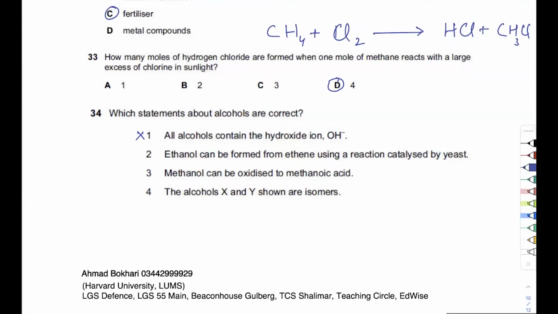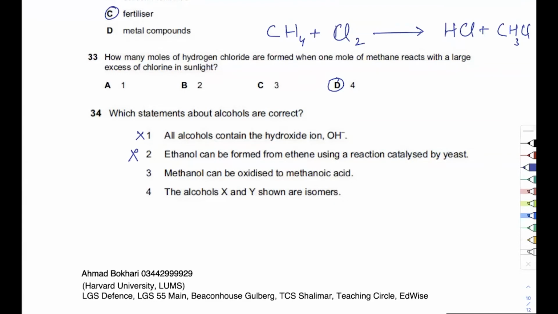Second, when you use yeast in the absence of oxygen with sugar. So there are 2 processes, fermentation and hydration. This statement is combining the 2, so this is wrong. Yeast happens in its own process, and ethene is used with water in its own process.